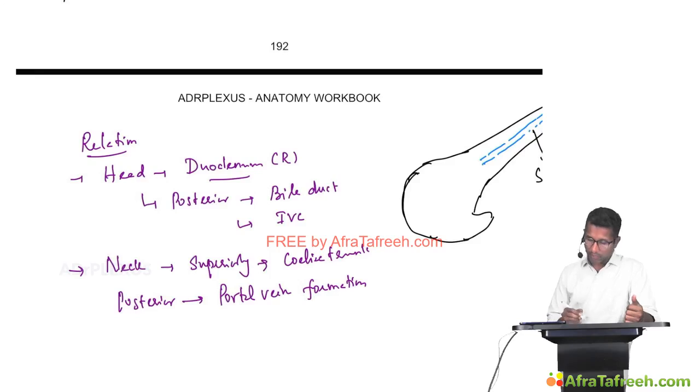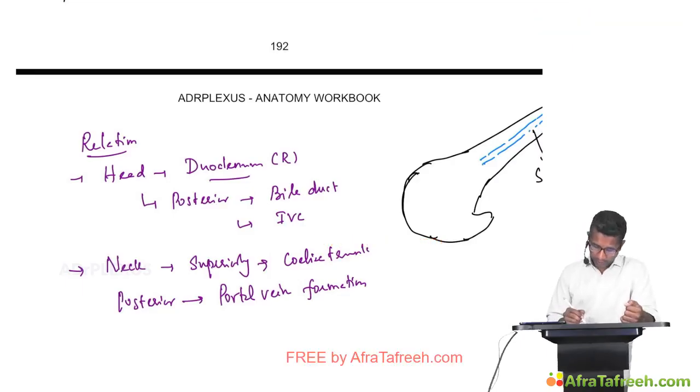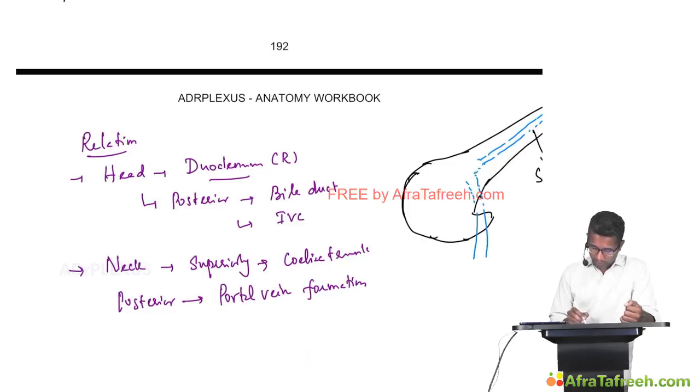This splenic vein joins with a vein which runs from below, that is the superior mesenteric vein. The vein running here is the superior mesenteric vein. The superior mesenteric vein and the splenic vein join to form the portal vein.